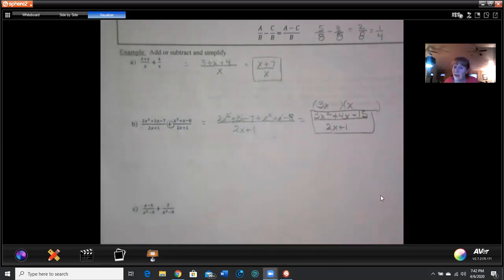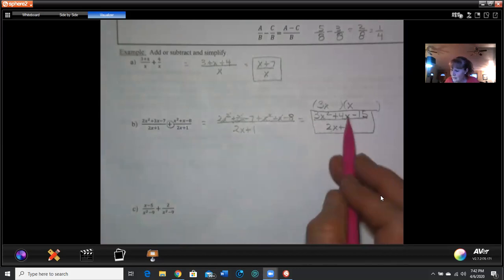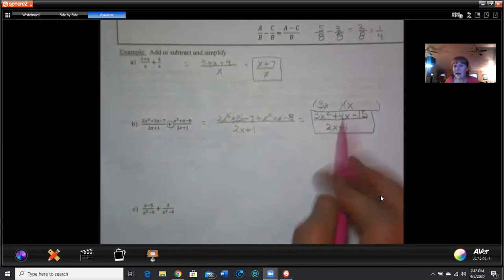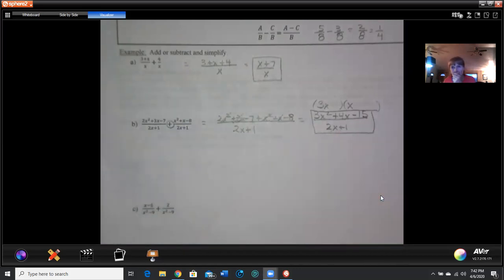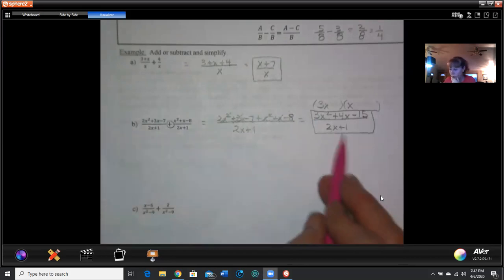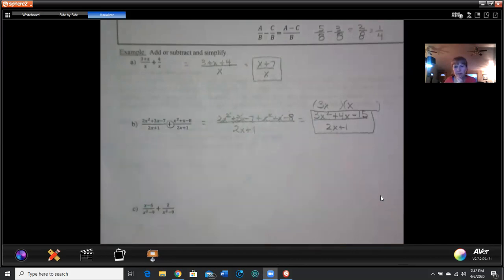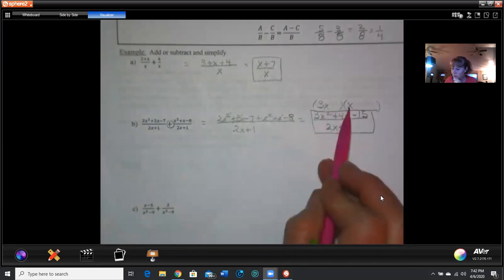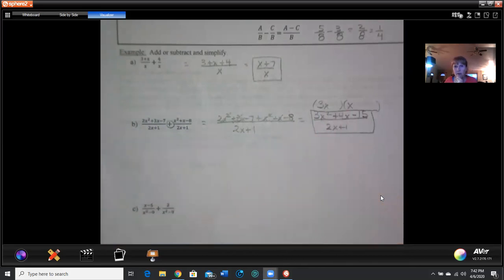There's your answer, 3x squared plus 4x minus 15 over 2x plus 1. So there are times where you may need to factor this, but in this case, it can't be factored in order to cancel the 2x plus 1, because we know we're not going to end up with a 2x for this right here. Okay? All right, let's try another one.